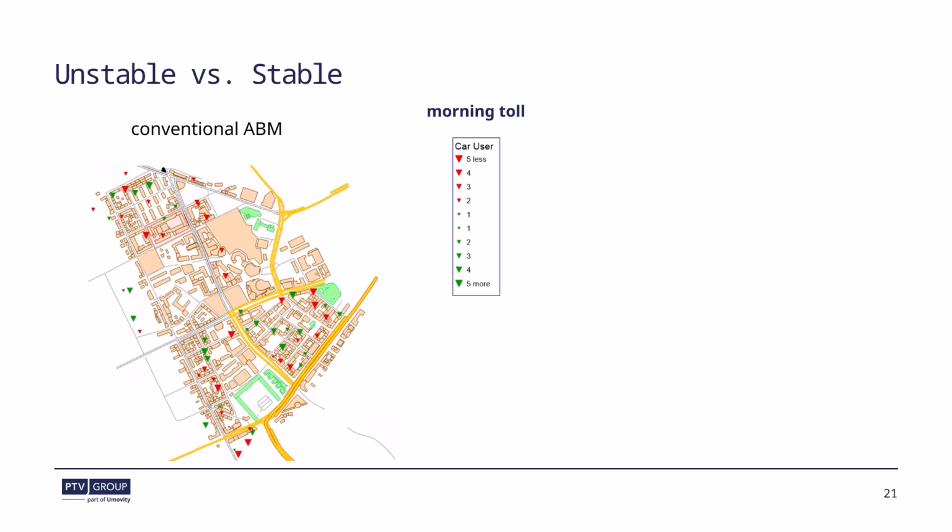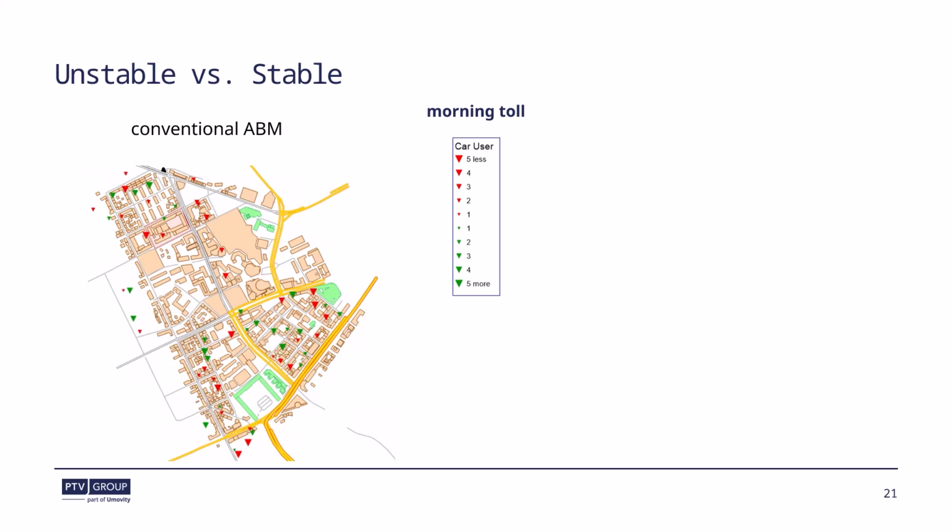And you see in this conventional case, a lot changed here. So there are some red and some green triangles, which means in some cases there are less users. That's actually what is expected. I mean, we introduce a morning toll, we make car trips more expensive, and then some people should choose another mode. And that happens here. But also the opposite happens.